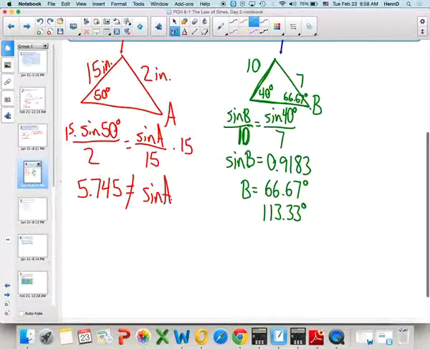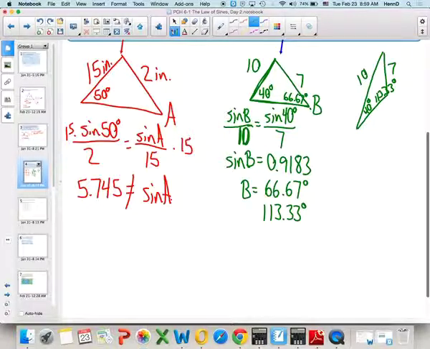The other way, though, angle B would be an obtuse angle, right? Let's say that's 113.33. This would be 7, this would be 10, and this would be 40 degrees. Is there anything mathematically that would make that impossible? No. For example, if this side were smaller than 7, we wouldn't have an obtuse angle.